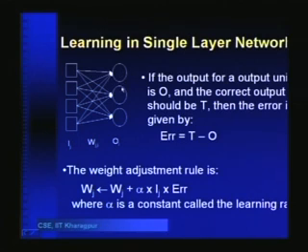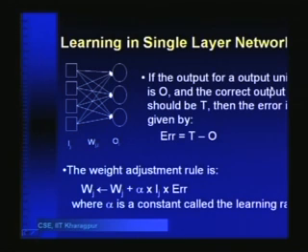These are nodes of the network. There is a WJI, which is the weight of the link from input J to the output I.